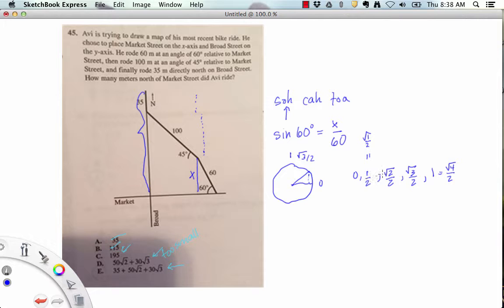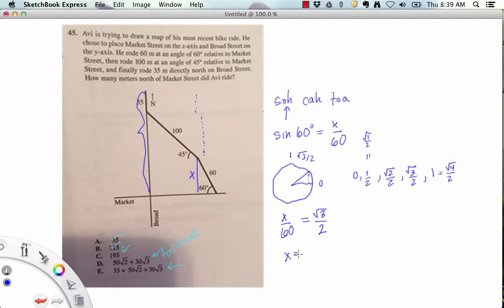So it's really square root of 1, square root of 2, square root of 3, square root of 4. So 0, 30, 45, 60, 90. Okay, anyhow, long story short, we're saying this is the square root of 3 over 2.